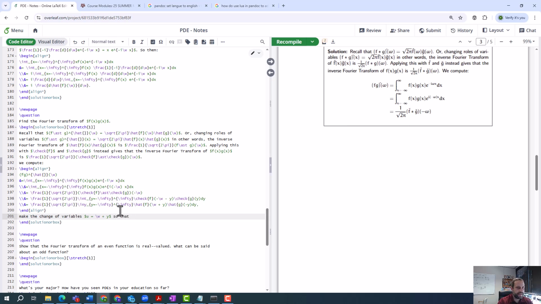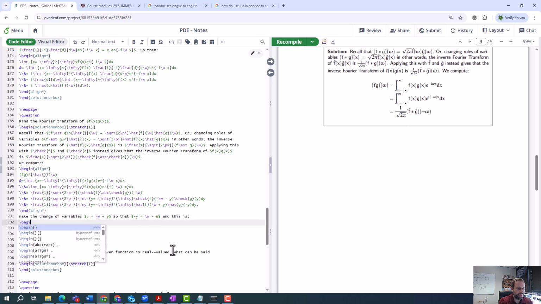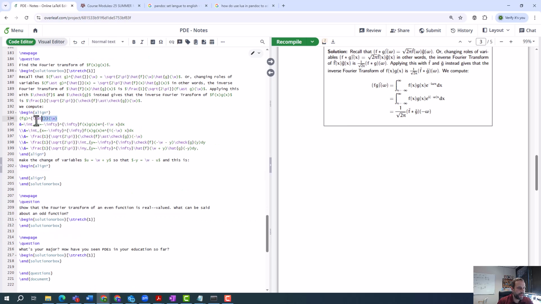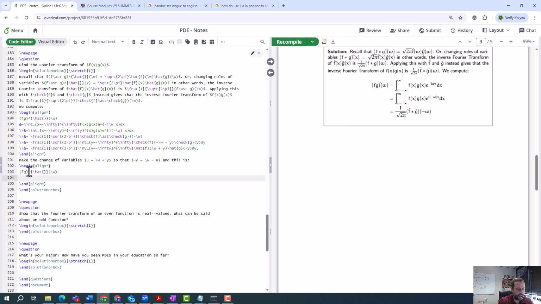So that, if I subtract y from both sides, I'm going to have minus y is equal to omega minus u. And I'll go ahead and put the left-hand side of the computation. That's what that is, and I'll probably do this in 2 lines.